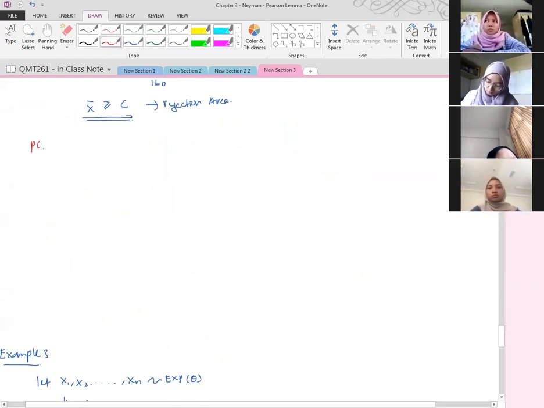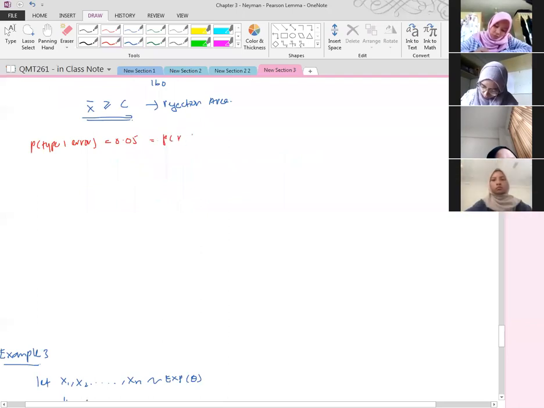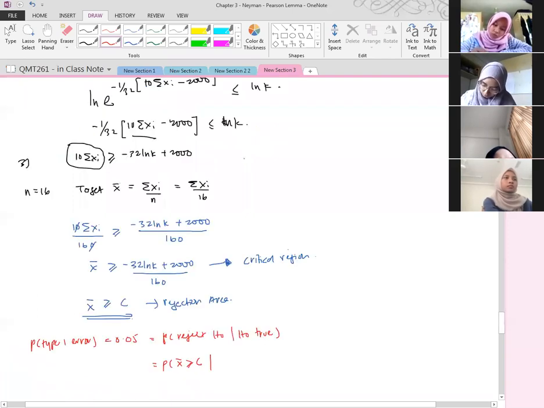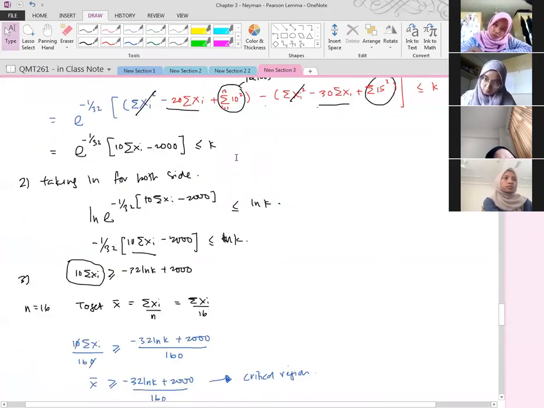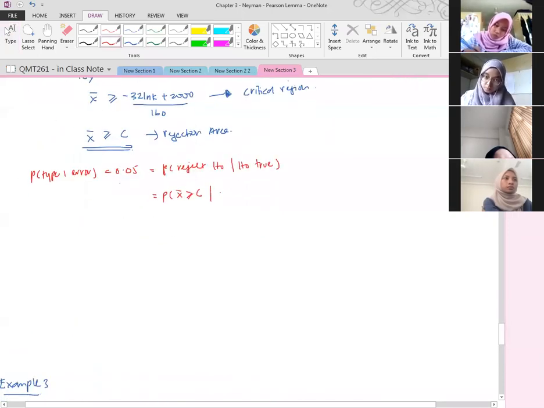The probability of type 1 error is equal to 0.05, which is our alpha, which is also equal to the probability of rejecting the null hypothesis when the null hypothesis is true. So we reject the null hypothesis when x bar is more than or equal to C, when the null hypothesis is true, when mu is equal to 10.